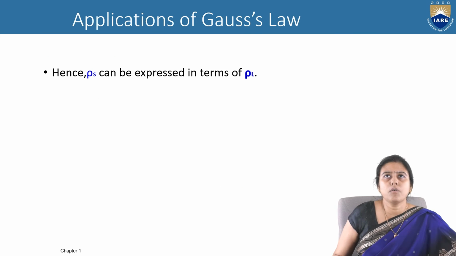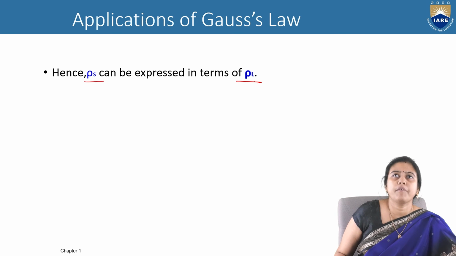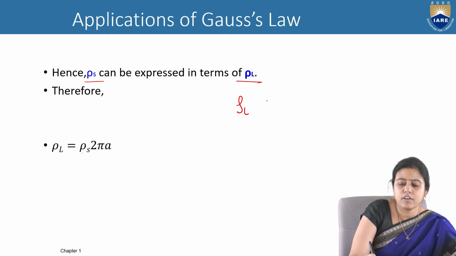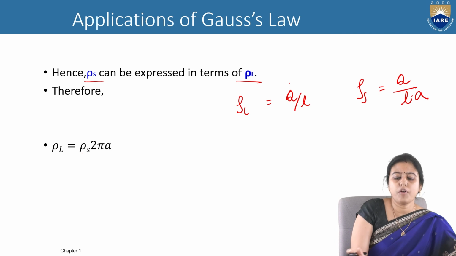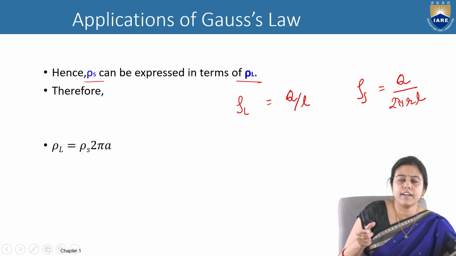So what is ρ_s? We can convert ρ_s in terms of ρ_L because it is easy. So ρ_L is equal to ρ_s into 2πa, because ρ_L is equal to Q by L and ρ_s is equal to Q by 2πaL, as this is a cylinder in nature.